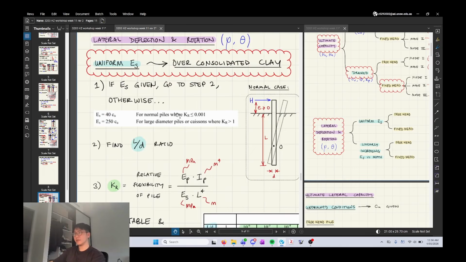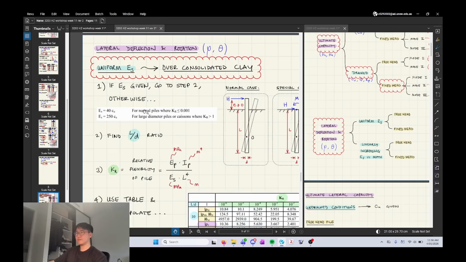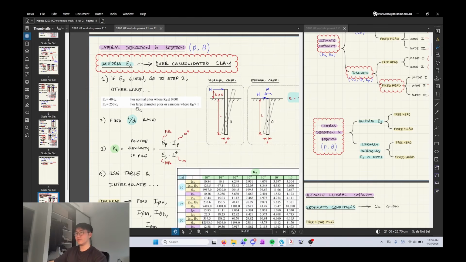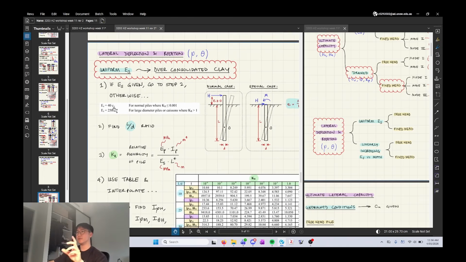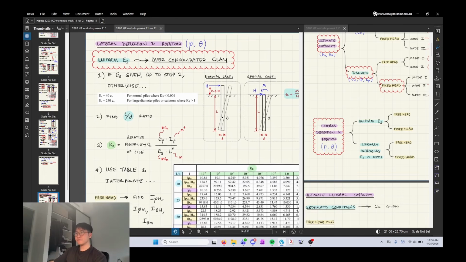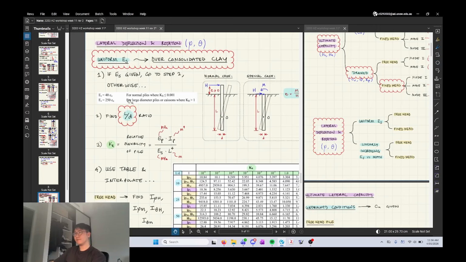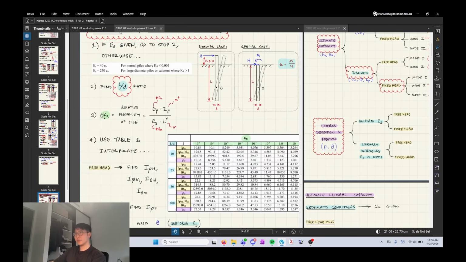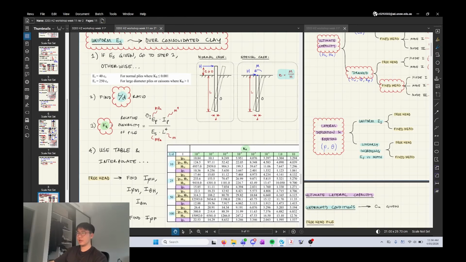I'm assuming they will tell you some description of whether it's a normal or large diameter pile in the question, if they make you do it this way. So this requires you to be given CU, which you're always given, and then you can approximate the soil stiffness. And then you have to find the embedment depth ratio, and then you find this new thing called a relative flexibility ratio, I guess you can call it, because it's unitless.